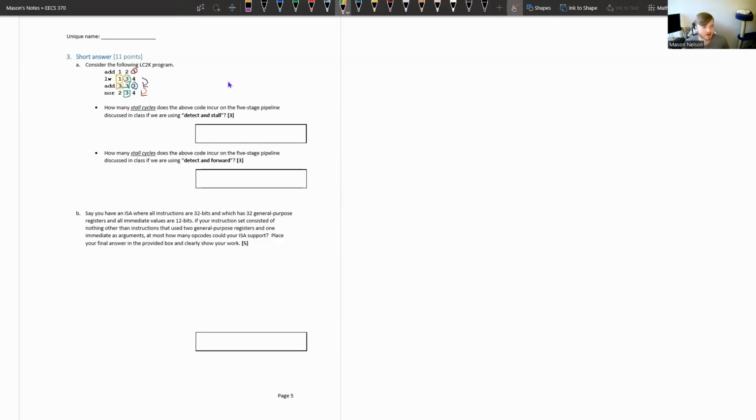So if we're using detect and stall, we're always going to line up the write back stage of the source instruction with the decode stage of the dependent instruction.